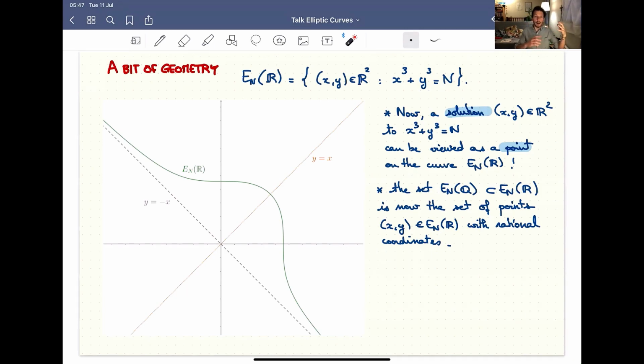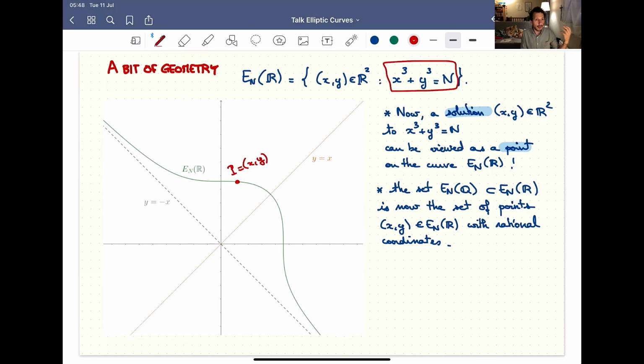So for this point P on the curve with coordinates x and y, I will call it a point, but it corresponds to a solution (x, y) to the equation x cubed plus y cubed equals n.